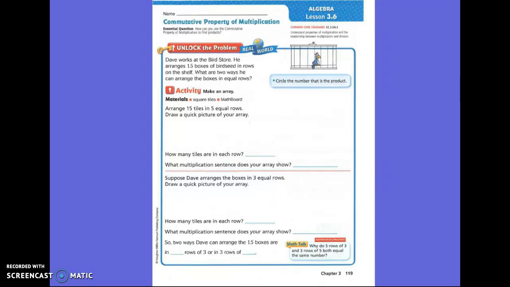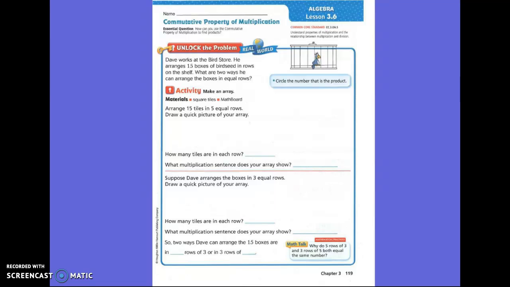Okay, we kind of did this yesterday because we were finding how many ways we could make 8, how many ways we could make 6, and how many ways we could make 12. We have a different number today. And they're telling us only to make 2 ways to make 15. They're not telling us to make 4 ways yet or anything. They're just saying try to make 2 ways.